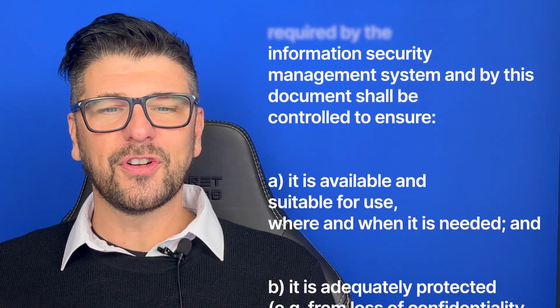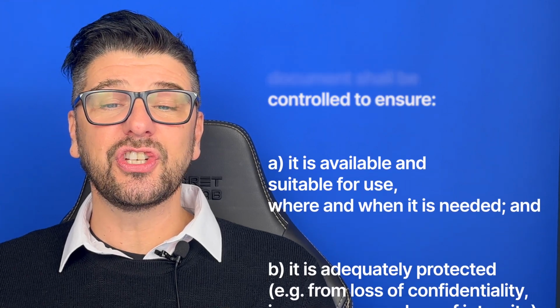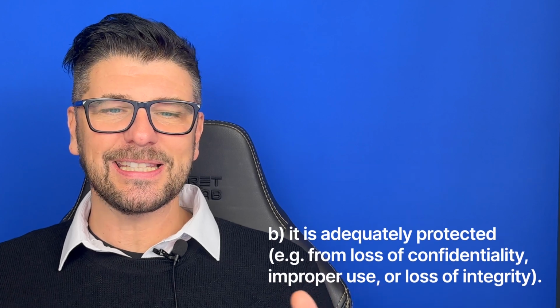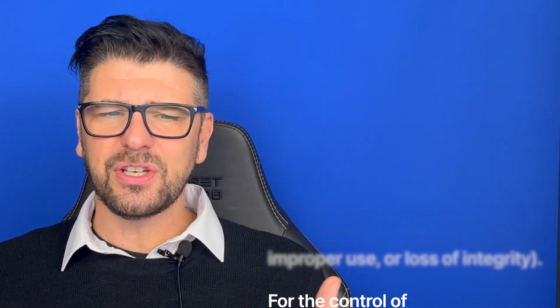For the control of documented information, the organization shall address the following activities as applicable: distribution, access, retrieval and use, storage and preservation, control of changes, and retention and disposition, i.e. disposal of. Documented information of external origin determined by the organization to be necessary for the planning and operation of the Information Security Management System shall be identified as appropriate and controlled.